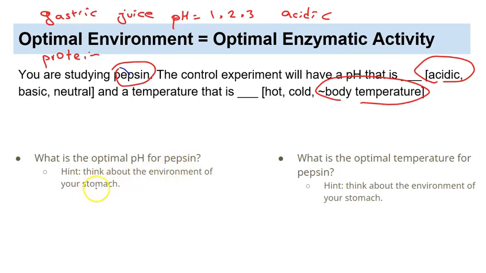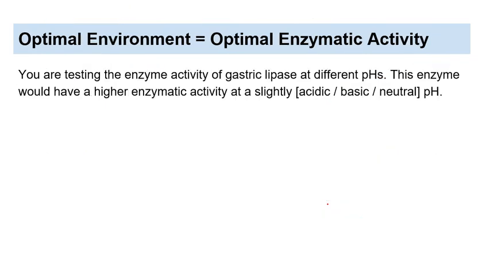Again, think about the environment of your stomach. Our stomach is acidic, so the optimal pH for pepsin is also acidic. What is the optimal temperature for pepsin? What is the environment of our stomach? It's 37 degrees centigrade, which is the temperature in our stomach. That would be the optimal temperature for our pepsin.